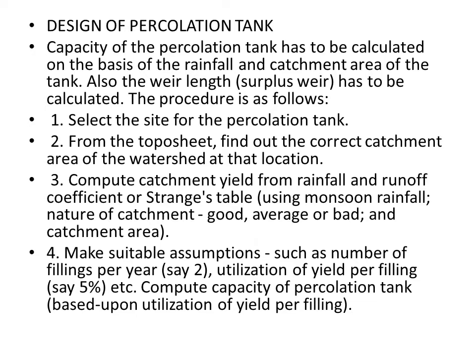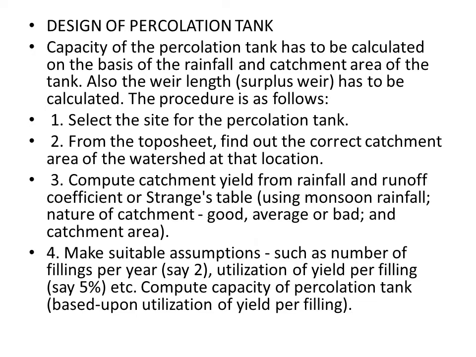Make suitable assumptions, such as the number of fillings per year as 2. So you have to assume that you are going to fill up the tank twice in a year, and also assume the utilization of the yield per filling. In the first filling, you may not use the stored water to its full capacity.